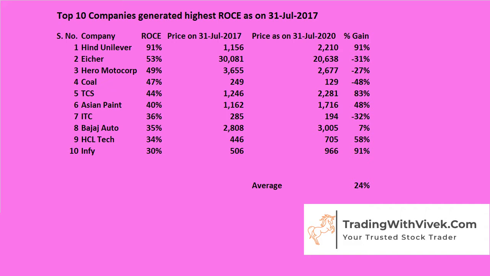The average return was 24%. Hindustan Unilever had given 91% return in the last 3 years, Eicher Motors minus 31%, Hero MotoCorp minus 27%, Coal India minus 48%, TCS 83%, Asian Paints 48%, ITC minus 32%, Bajaj Auto 7%, HCL Technologies 58%, and Infosys 91%.